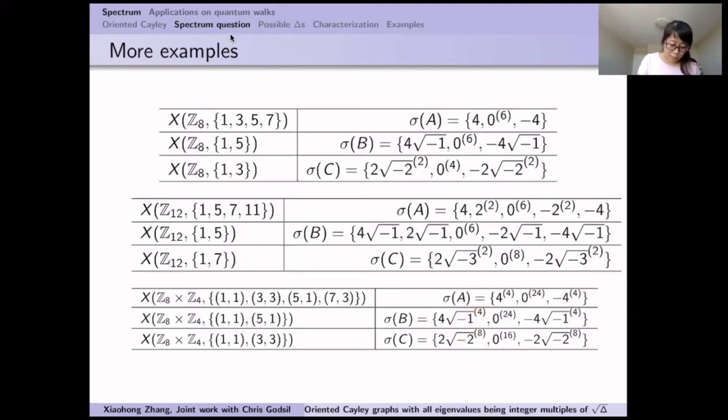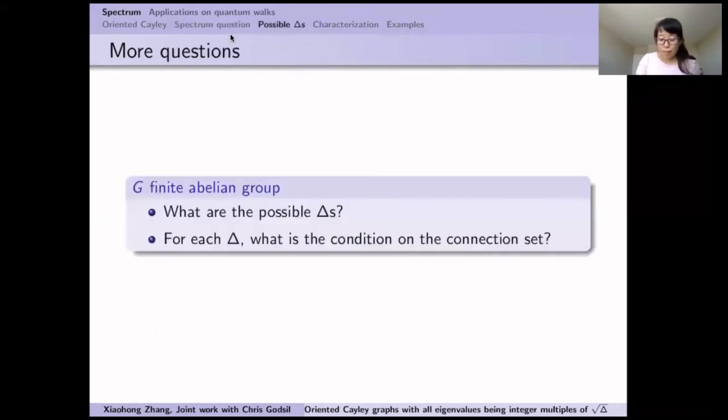It's the same as the cyclic case. So it's not determined by the group order. Now let's try to answer this question in steps. For each group, what are the possible deltas? Then for each achievable delta, what's the condition on the connection set?